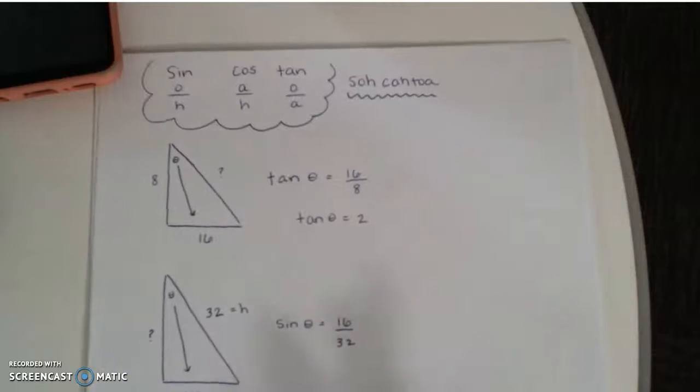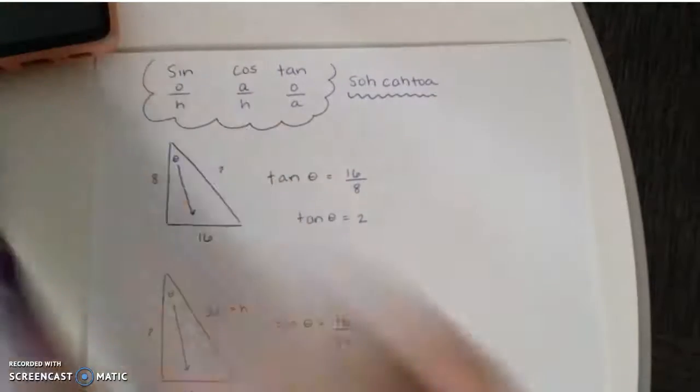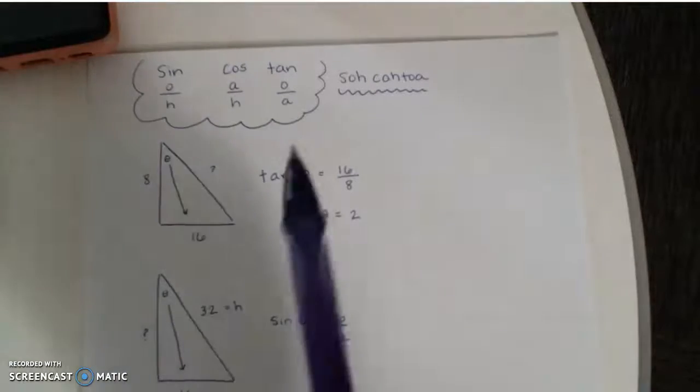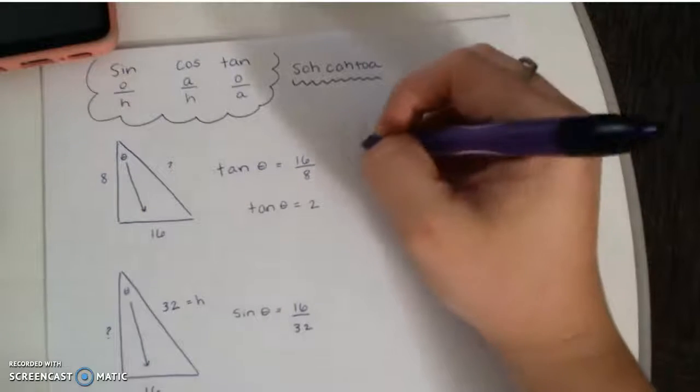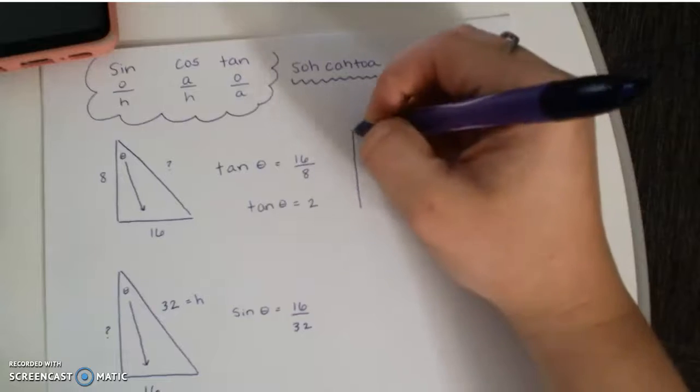Alright, so that's good and all, but that really doesn't tell us a lot. Okay, so we know how to use our identities, we know how to put one side over another side, but what does that mean in the grand scheme of things? And this is what it means.